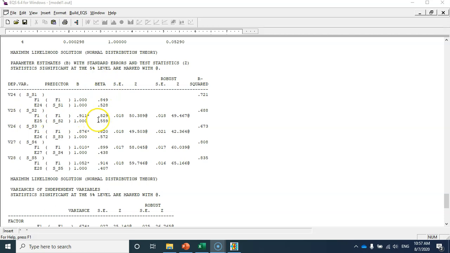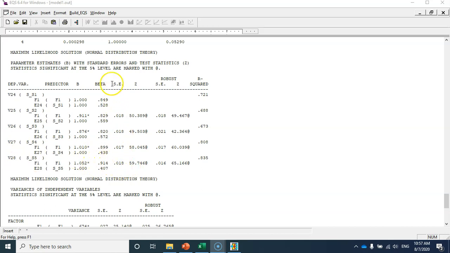So the standardized factor loading for V25 is 0.829. For V26, it is 0.820, and for V27 we have 0.899, and for V28 we have 0.914.